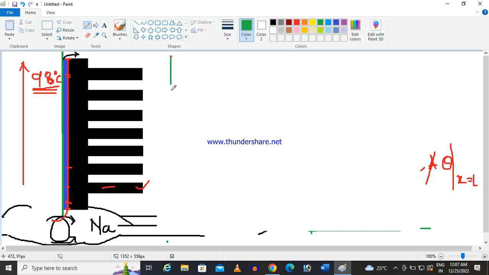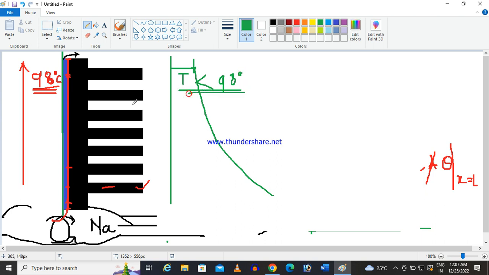this is my axis, and here the height is 0. Just as sodium starts to enter, its temperature will be high, and after that it will come down. So this temperature, if it is T, should be less than 98 degrees.